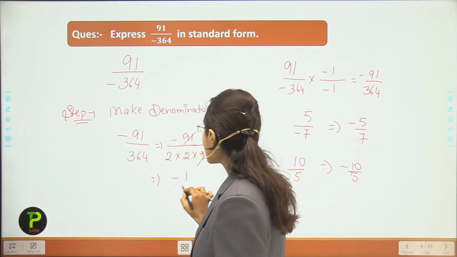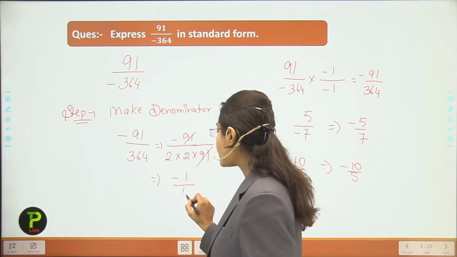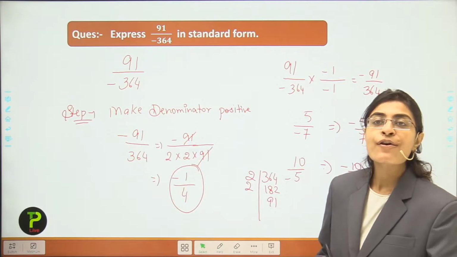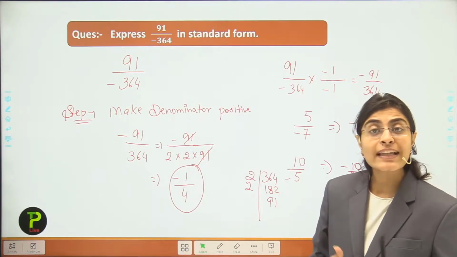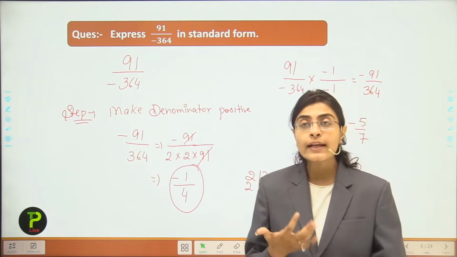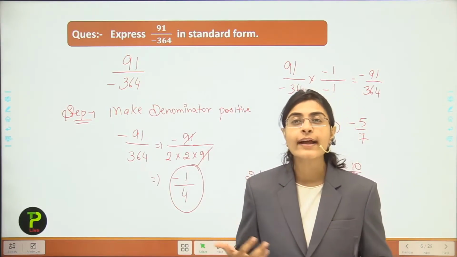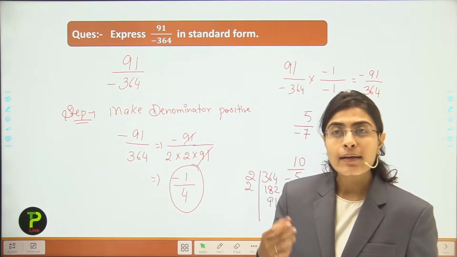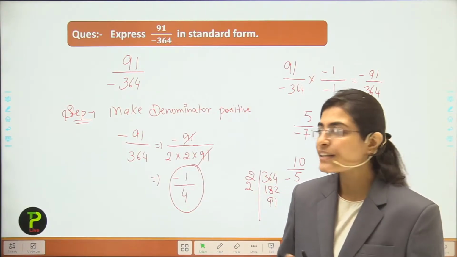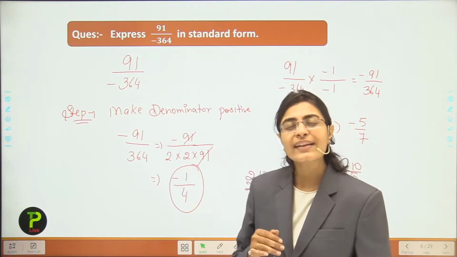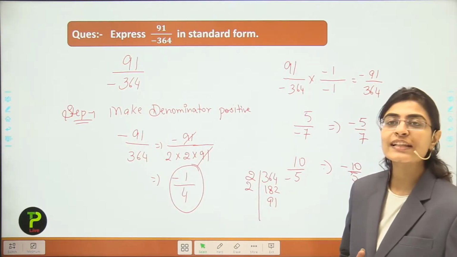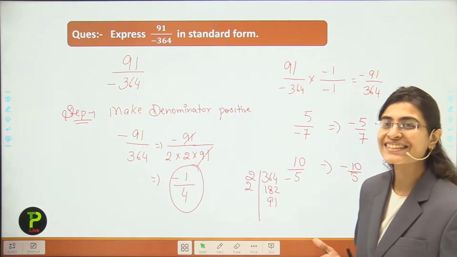So here minus 1, and 2 2s are 4, so minus 1 by 4 is the standard form because it can't be cut further. Whenever you find it difficult to find the factors which are common in both, just factorize the numbers and you'll get your answer. I hope this question is clear to you. Let's move to the next question.